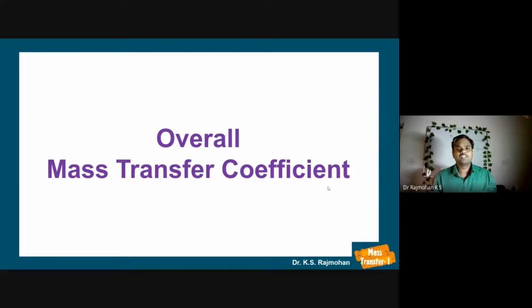Say when you are writing the flux equation, we always write kx into ya minus yai or xa minus xai or whatever, depending upon the direction of mass transfer, right? So is it possible to measure the interface concentration? It's very difficult. So that way we are going to introduce the overall mass transfer coefficient, which is the inverse of overall resistance to mass transfer, which can be given by: overall resistance to mass transfer is equal to resistance in the gas film plus resistance in the liquid film.